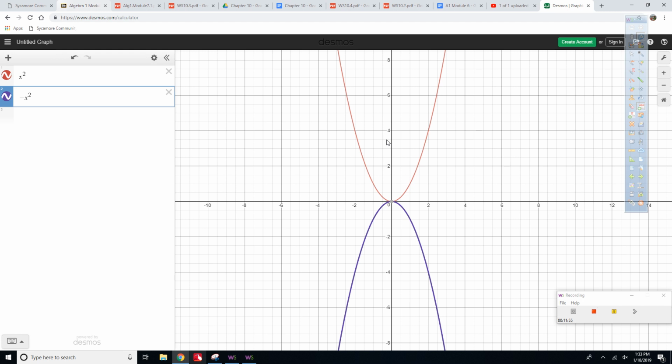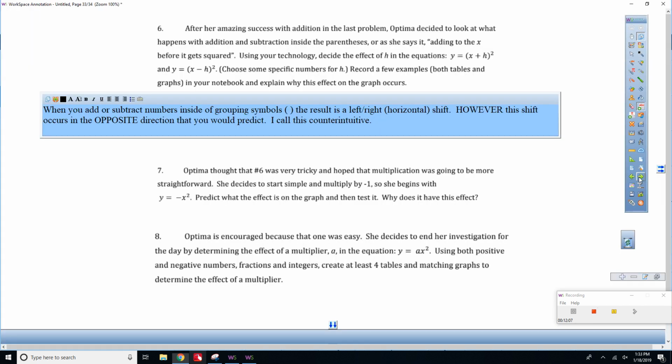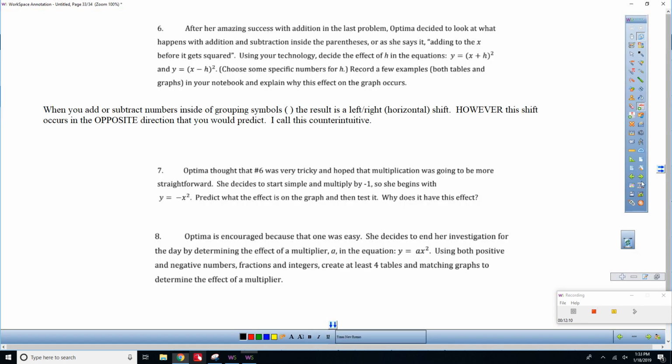Or how about a reflection? Oh, that's what we're looking for. Now we're getting tricky. Okay, so predict what will happen. Why does it have an effect? Well, this is an important thing for me to explain to you guys.